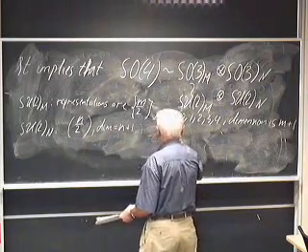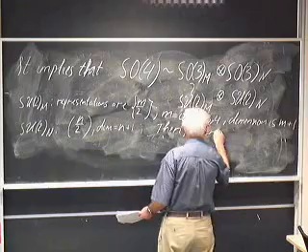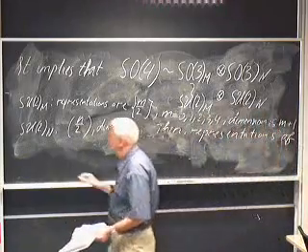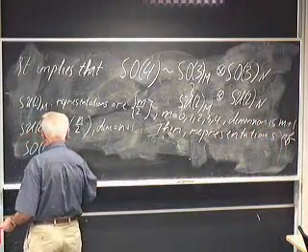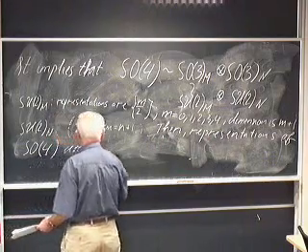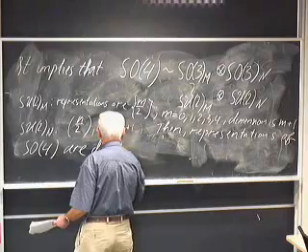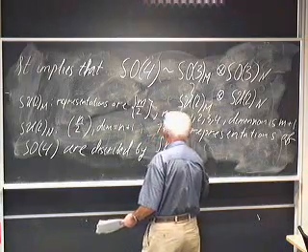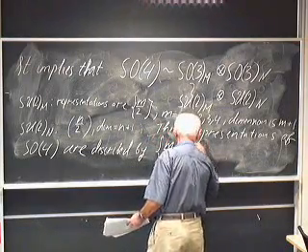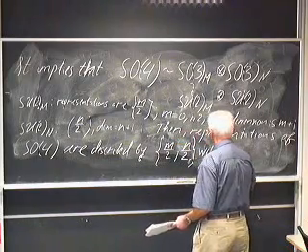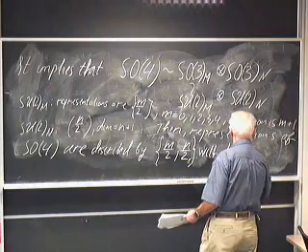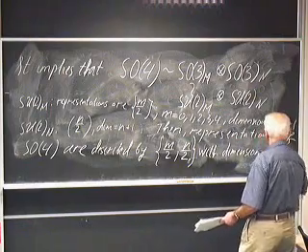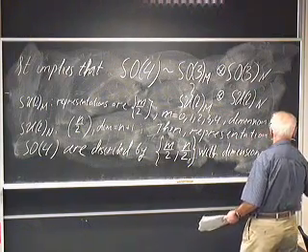Then the representations of SO4 are given by those two numbers, M and N, with dimension M plus 1 times N plus 1.